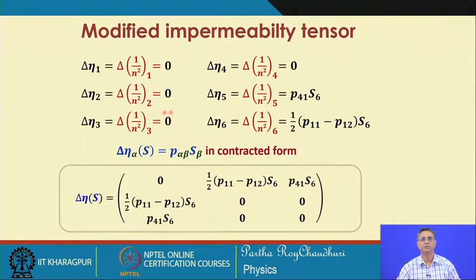and therefore, we can write all of them as 0, only delta eta 5 and delta eta 6 will be given by this, and both of them occupy the off diagonal position. This is the 4th position, so this is the 5th position and this is the 6th position. So, this is delta eta 6, this is delta eta 5, and interestingly one can see that both of them are symmetric, and of course, they should be symmetric.